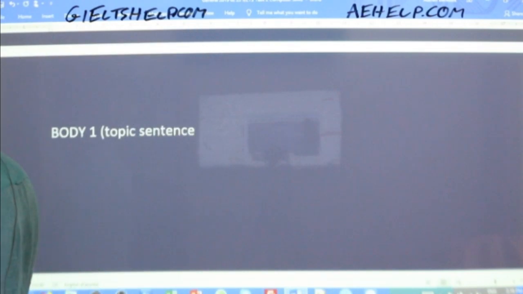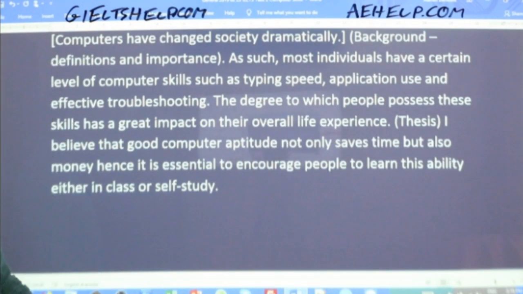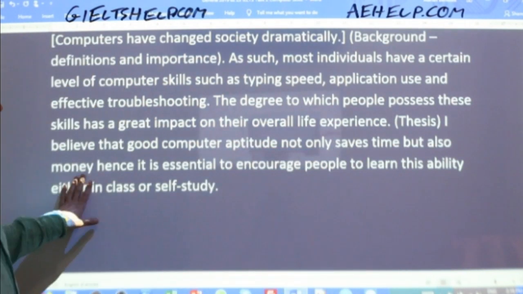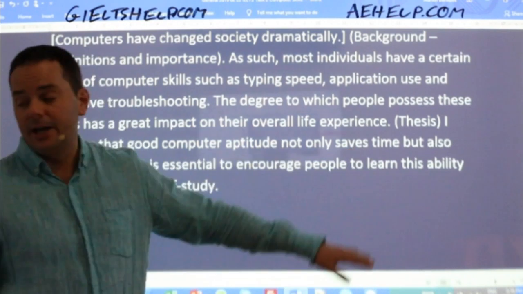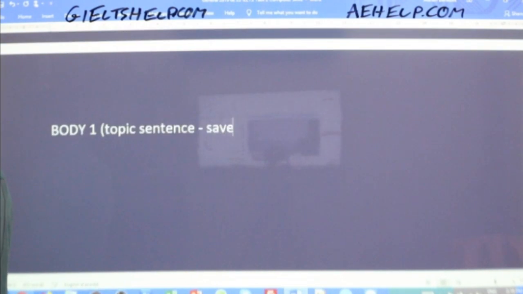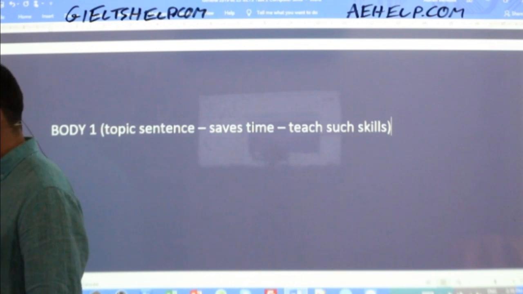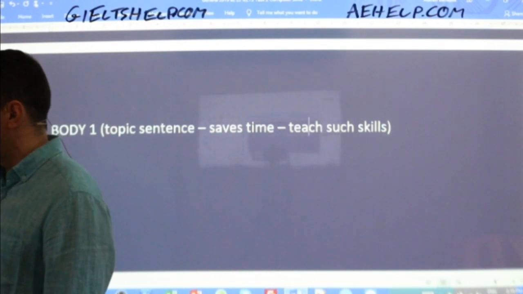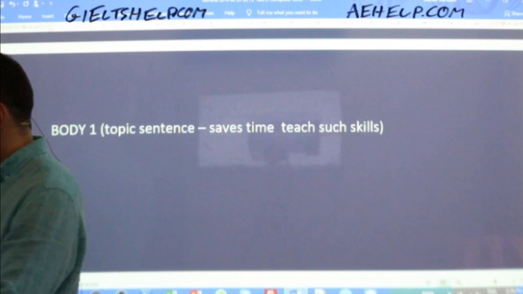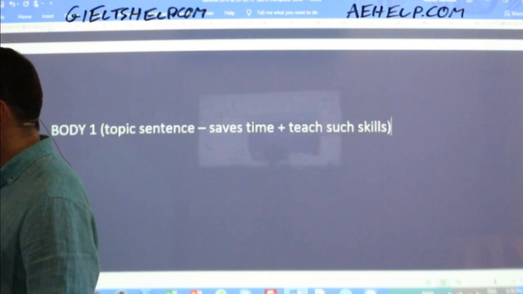So the topic sentence here should be saves time and also money. Okay, let's start with time. So saves time. And teach such skills. So these are the 2 points that I want to include in my body paragraph 1. Okay, my topic sentence can mention this.